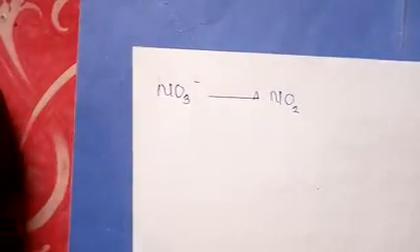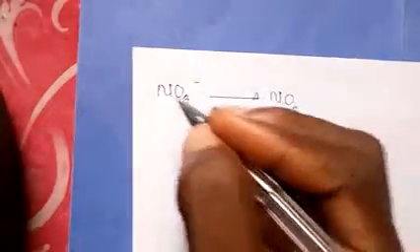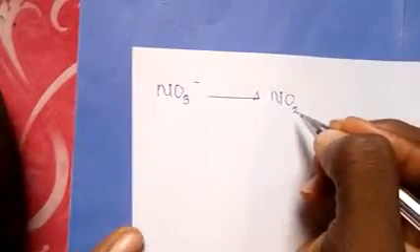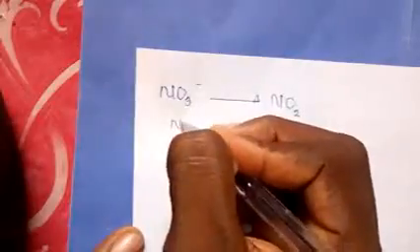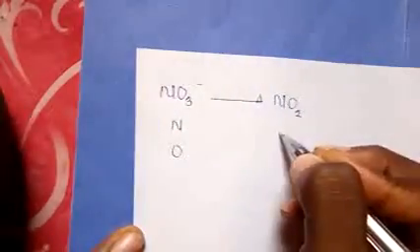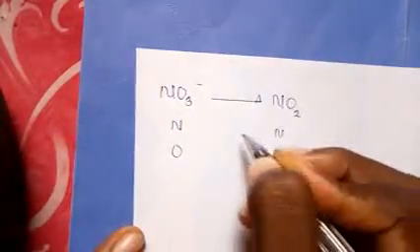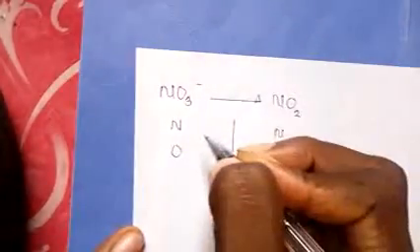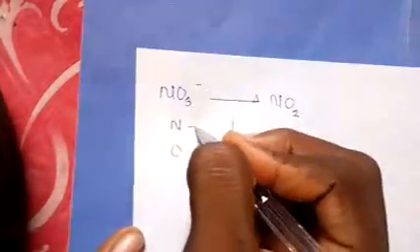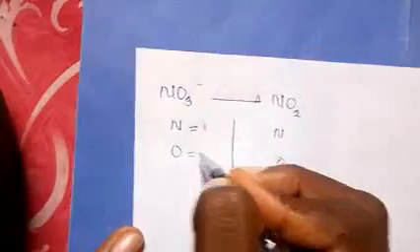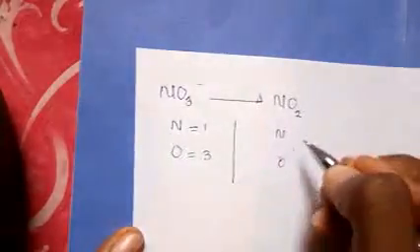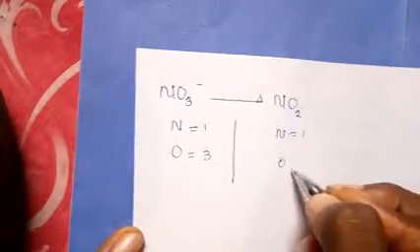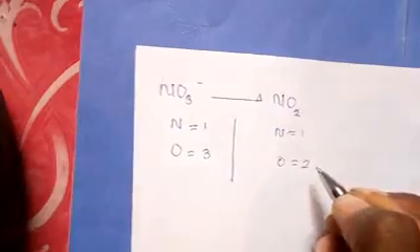The first thing we do is to know how many nitrogen and how many oxygen are on this side, and how many nitrogen and how many oxygen are on this side, and then balance them. According to the equation, we separate them. Nitrogen is 1, oxygen is 3; nitrogen here is 1, oxygen here is 2.